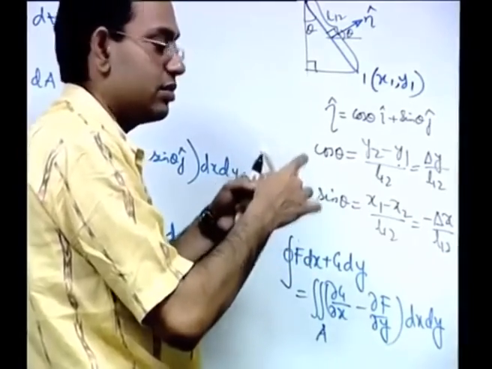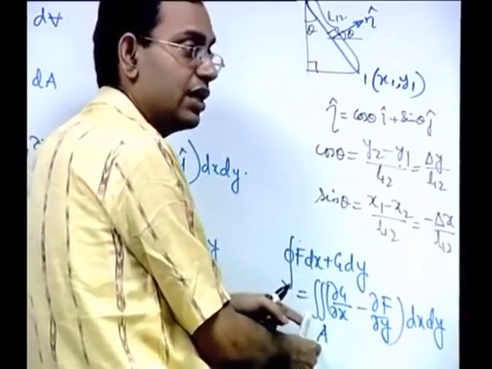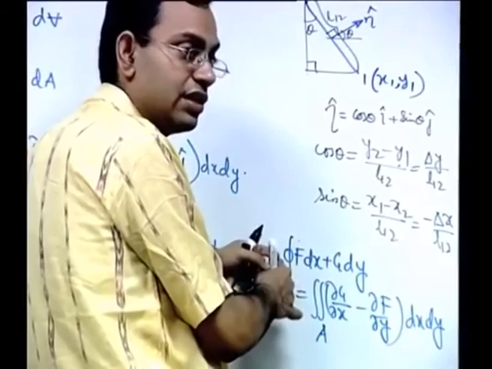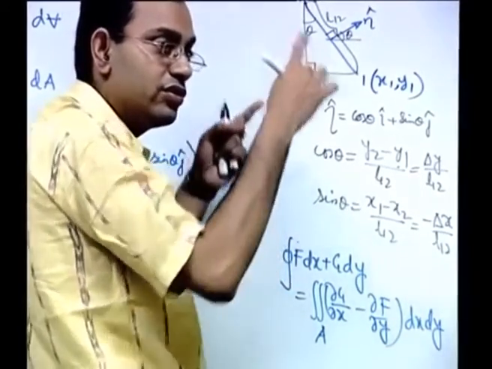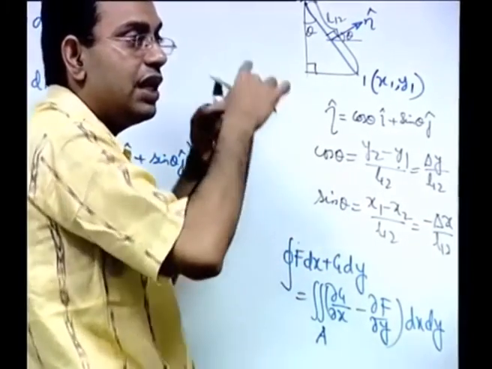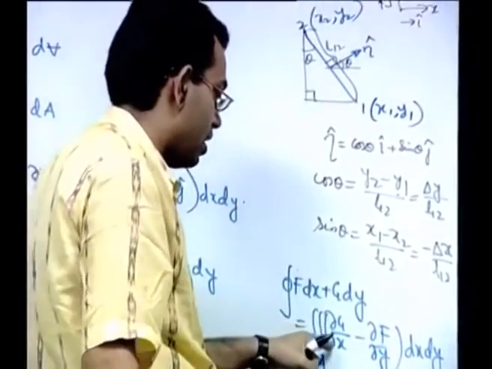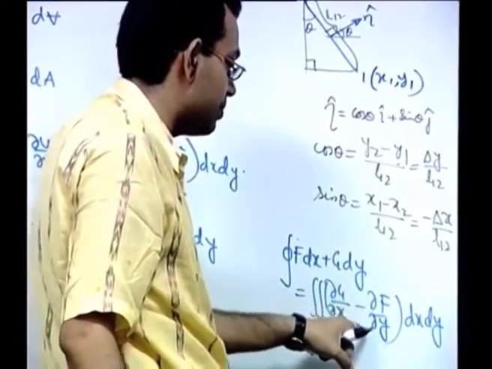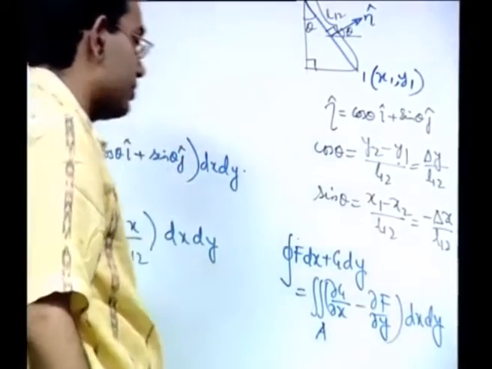This contour is a line which is around the area A, completely encircling the area A, and this is equal to del g del x minus del f del y dx dy.